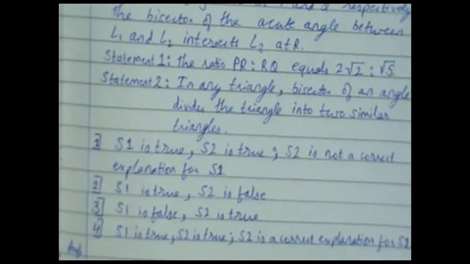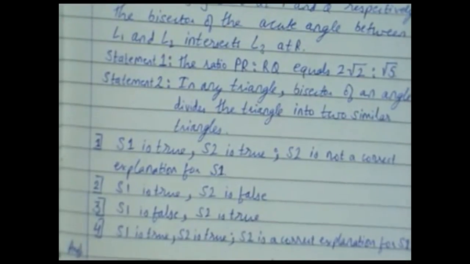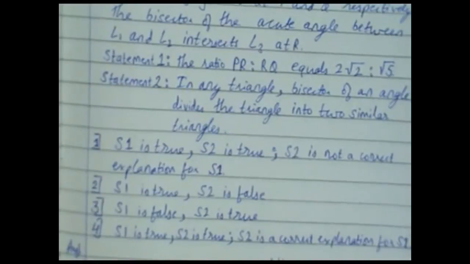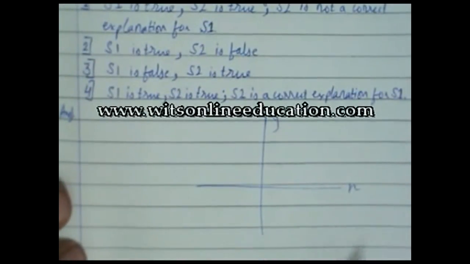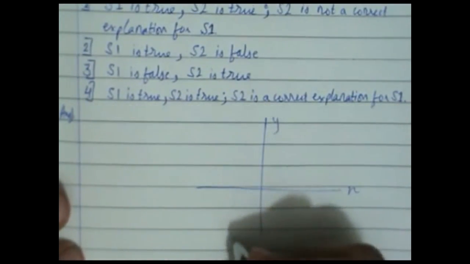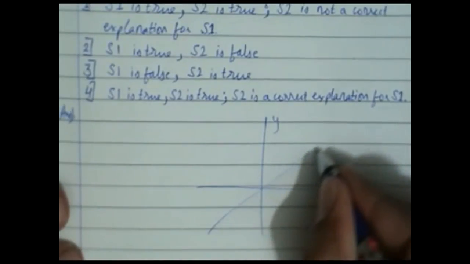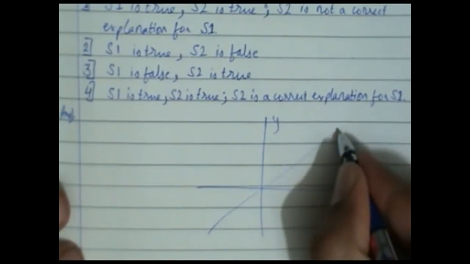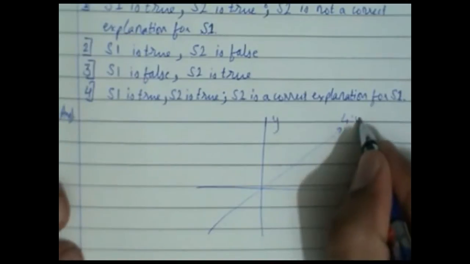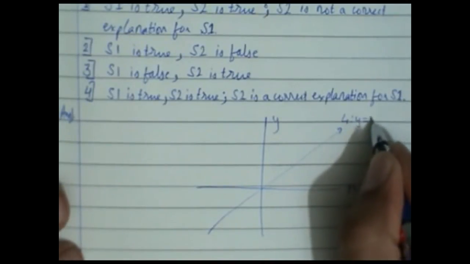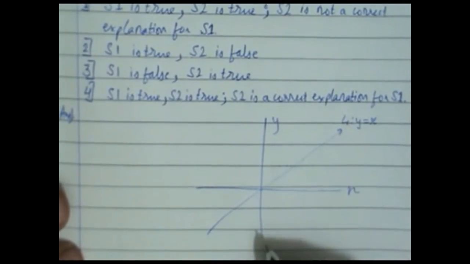First of all, we see that suppose these are x and y axis. So L1 is y minus x is equal to 0, that is this line. So this is L1, that is y minus x equal to 0 or y is equal to x.